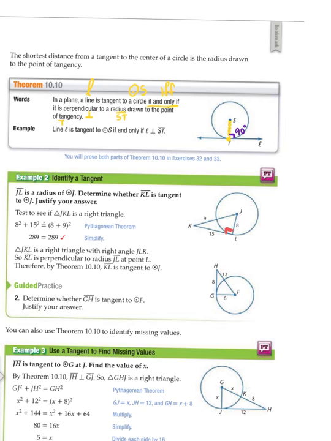Now, how can I come up with a right angle? Well, I can decide if I have a right triangle or not. What information do I have or have I studied previously that can allow me to determine if I have a right triangle or not? Well, we had the rule. If we compare the hypotenuse squared to the sum of the squares of the two sides, if I have a less than, I have an acute triangle.